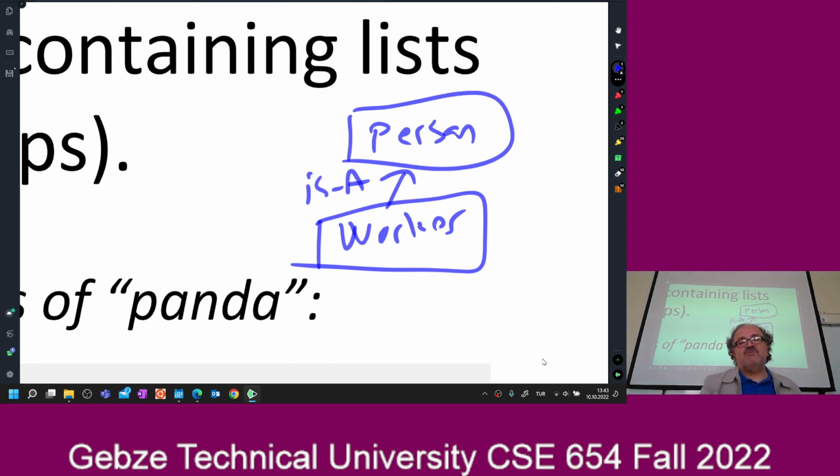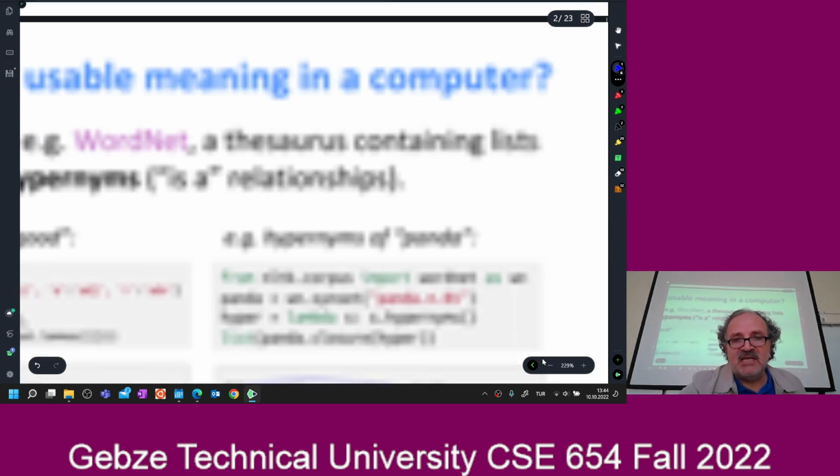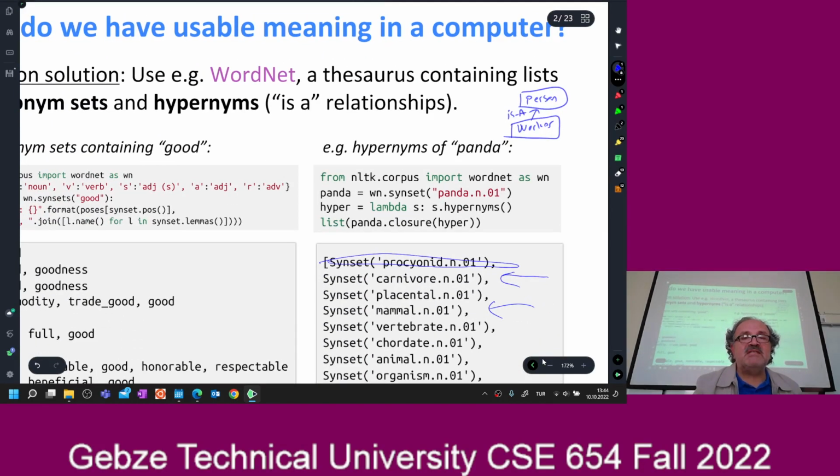How much is this worker paid every month? How much tax does this worker pay to the government? What is the starting time for the work, etc.? So it's a specialized person, and there is a relationship between them. If you have these kinds of relationships between two words, it's called hypernyms.